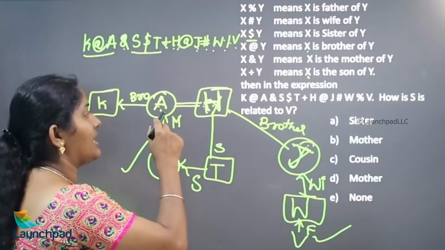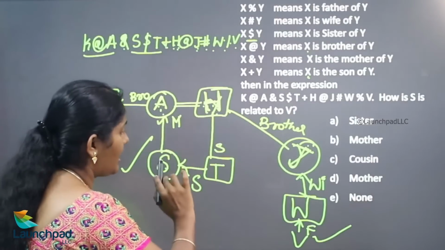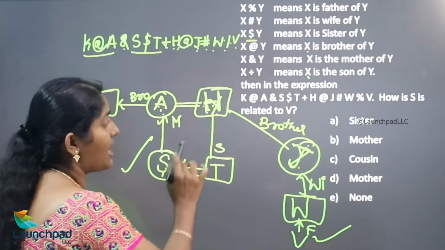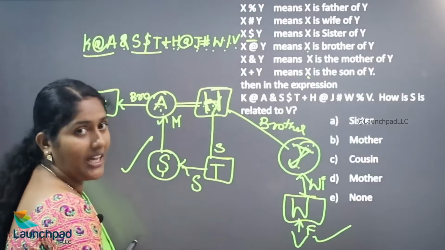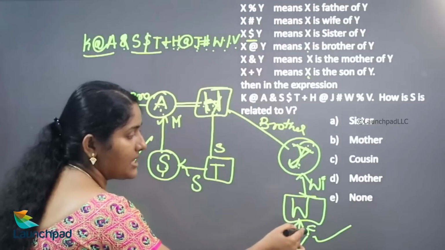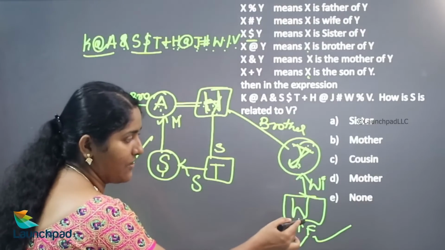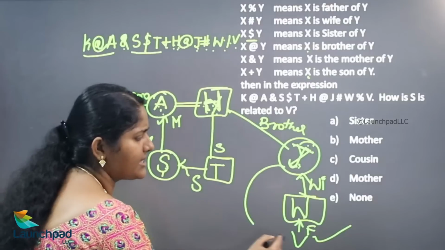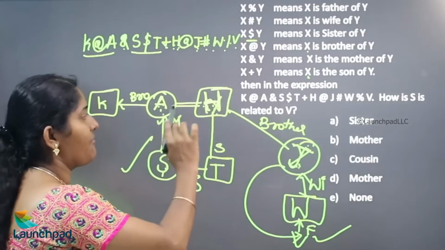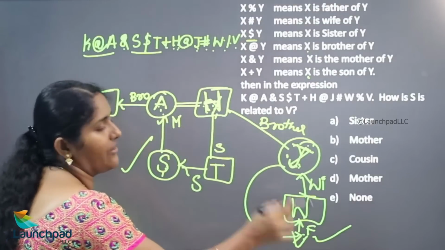S's mother is A, S's father is H. S's father's brother is J, and J's husband is W. Anyway, J's kid is V. So yes, father's brother's son is V.